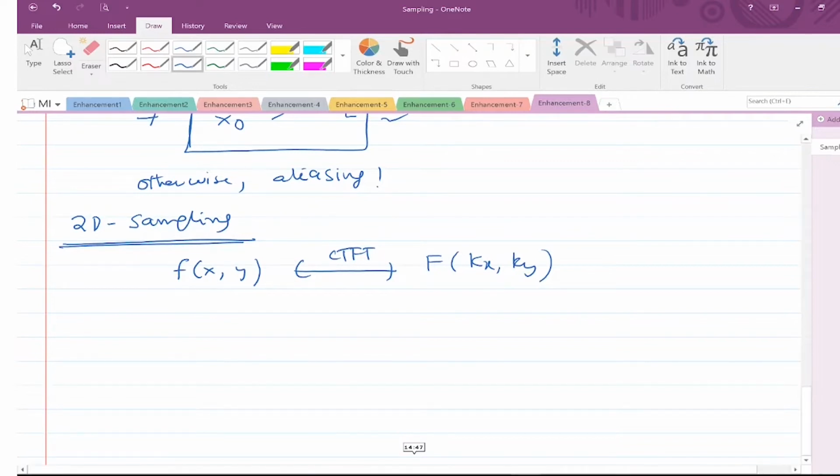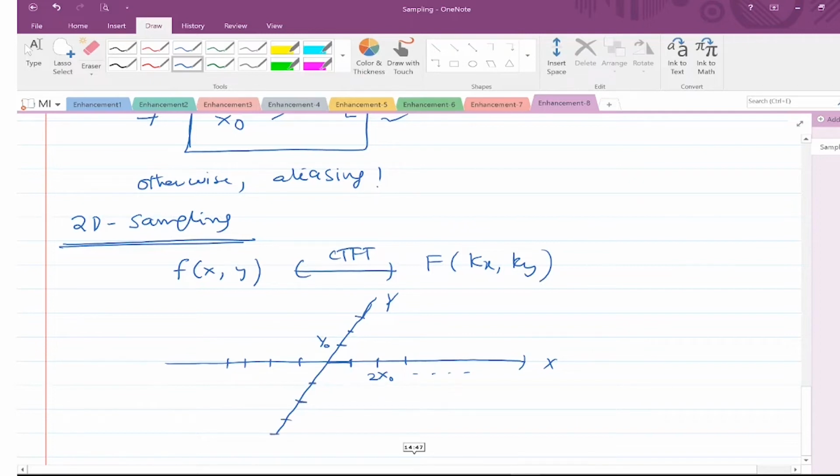Now you want to take samples of it, f of xy, in both the x and y directions. Say in the x direction I want to take samples with a spacing of, let's say, x naught, 2x naught, and so on, right? And in y, let's say I want to take samples with a spacing of y naught, 2y naught, and of course here minus y naught, minus 2y naught, and so on.